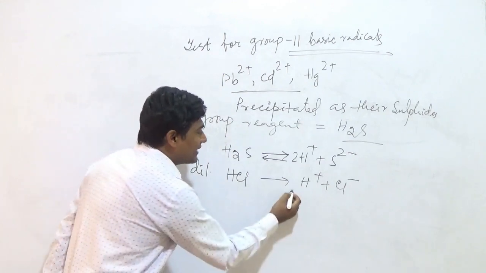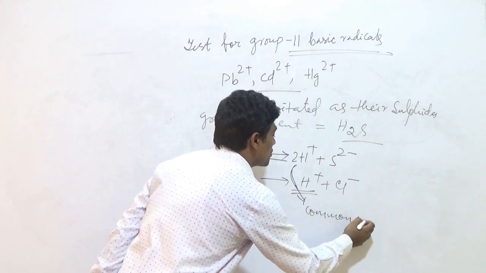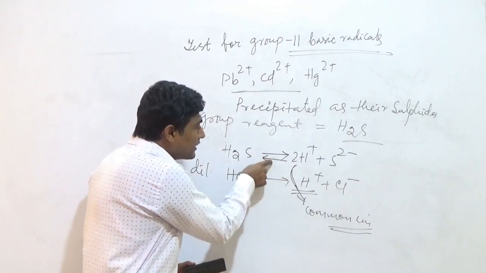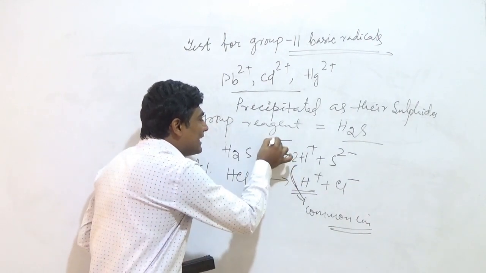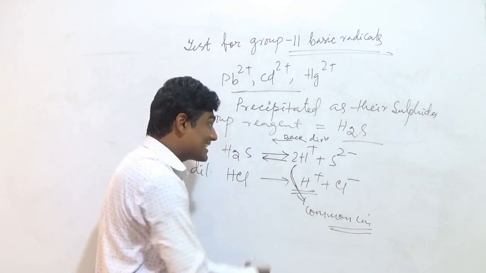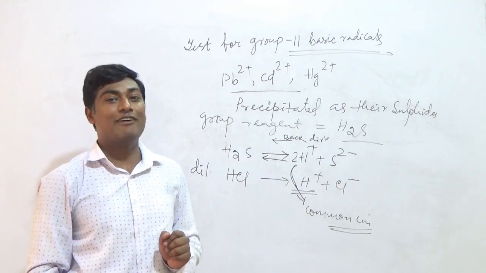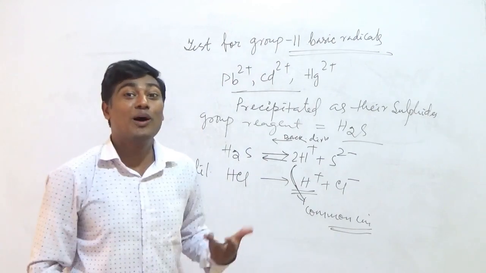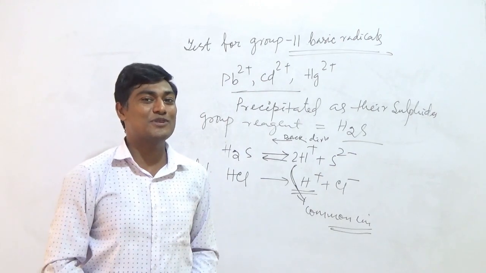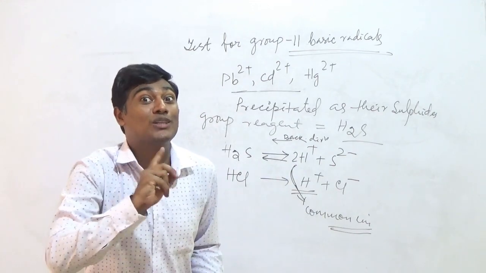The common ion is the H+ ion. Due to this common ion, the reversible reaction proceeds in the backward direction. Hence the sulfide ion and H+ ion combine to give undissociated H2S. So now you get a little concentration of sulfide ion. Using that little concentration, these elements can be precipitated as their sulfides.